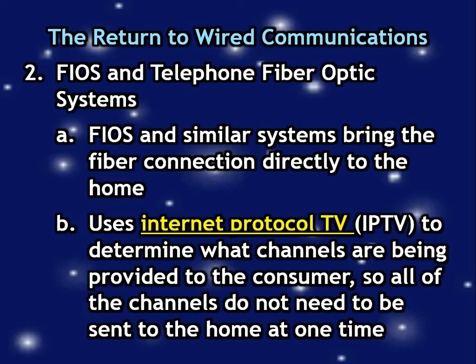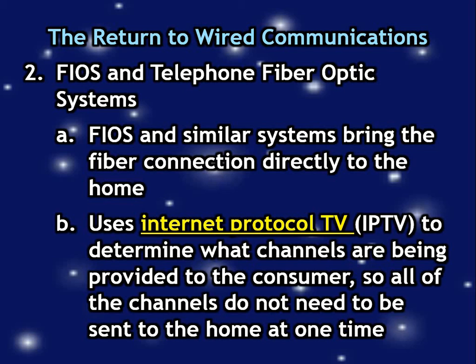But let's say you wanted to watch the Cooking Rats channel, which is freely available to everybody, but not everybody watches it at the same time. Don't know that there's such a thing. Let's pretend there is. That would be something that not everybody is going to be watching at the same time. There's not quite a demand for it. So you're not going to get that channel piped into your system unless you specifically call for it.